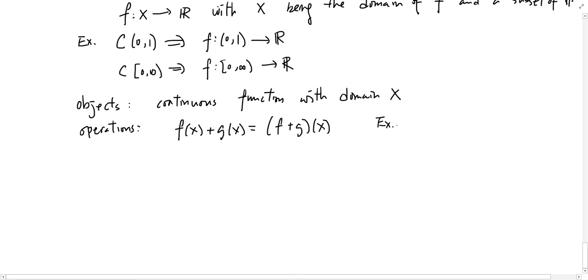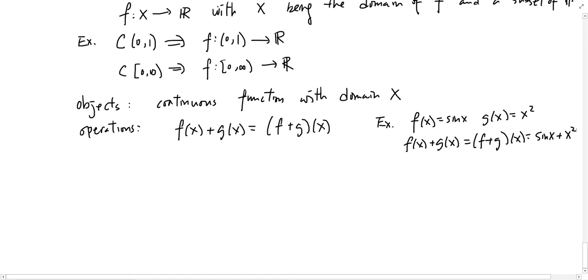Example, suppose I say that function f of x is sine x and function g of x is x squared. Then f of x plus g of x would simply just be this function, which is called f plus g of x, and that would be just sine x plus x squared. There you go. And in some cases, if you can't combine the two functions together because they form unlike terms, you just keep them separate.